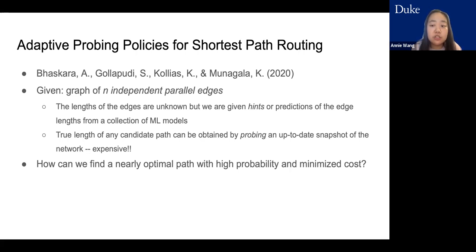So we know the distributions for the edge lengths. Of course, we can find the true length of any edge or path by probing each edge, but probing each edge is very expensive, so we'd like to minimize the number of probes. The question they were solving in this paper is, how can we find a nearly optimal path with high probability and minimize cost and number of probes?